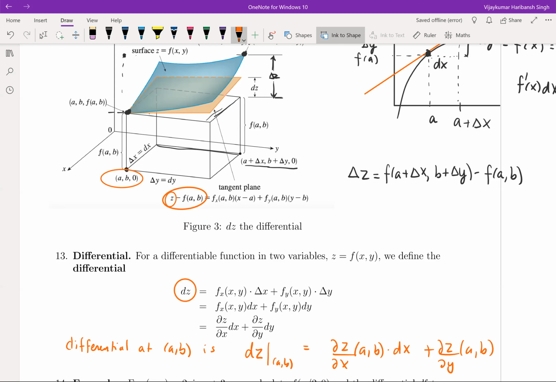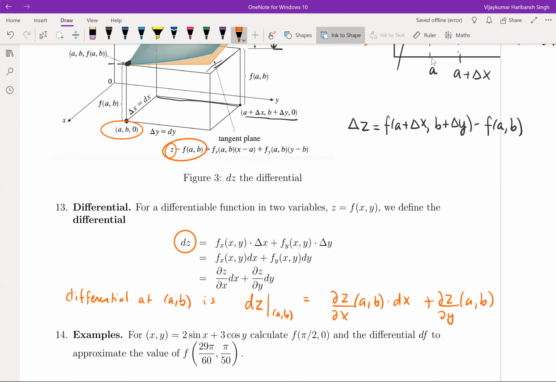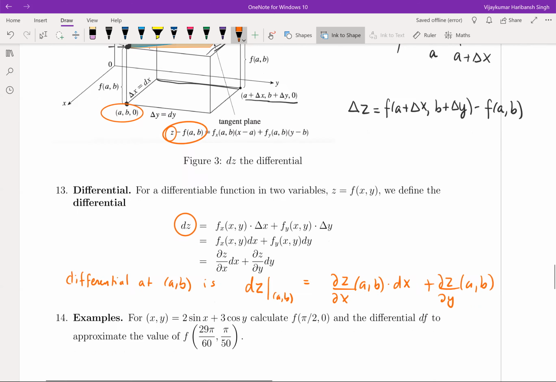Or in this notation, I can write it as f_x(a, b) delta x plus f_y(a, b) delta y.